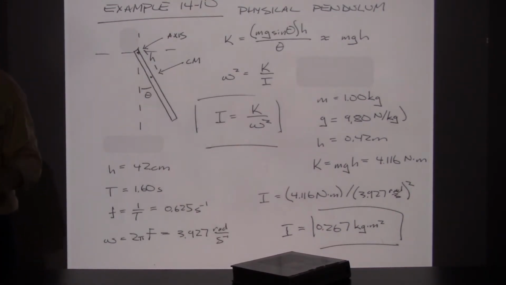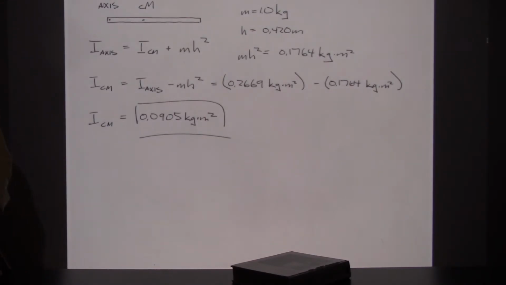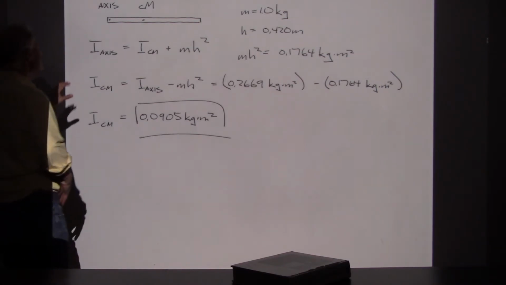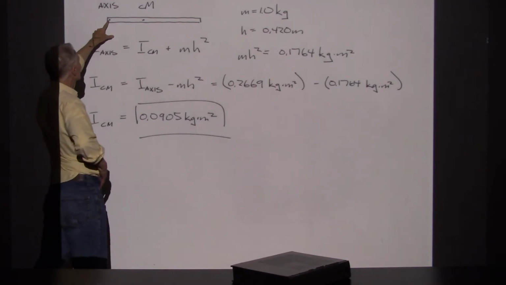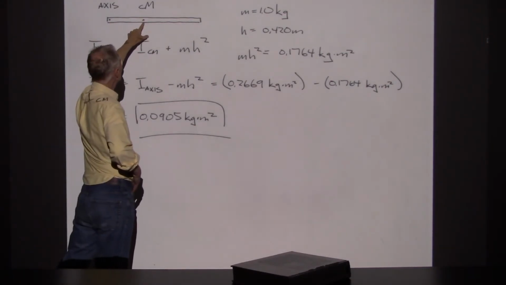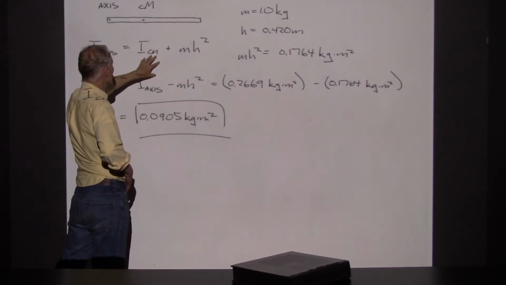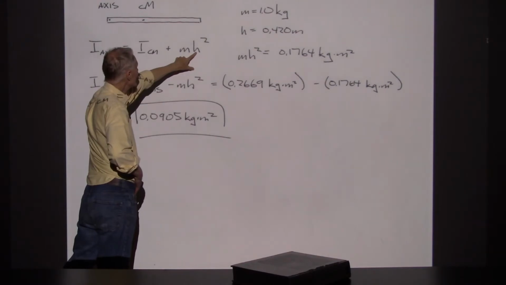We know that the rotational inertia around the center of mass is going to be less. And we can figure out by how much using the parallel axis theorem. So let's bring out the parallel axis theorem. It says that the rotational inertia at the end is equal to the rotational inertia around the center of mass plus m times h squared.